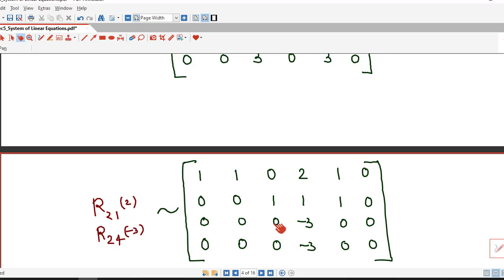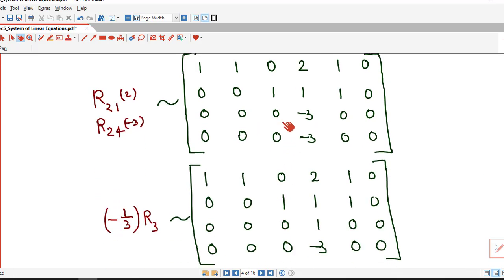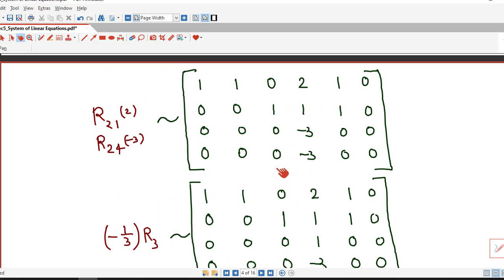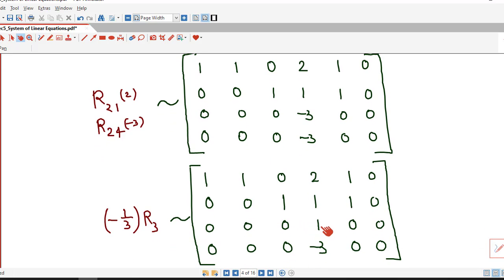So we multiply the third row by minus 1 by 3 to make this entry 1. We have written the first, second and fourth rows as they are, and here we multiply with minus 1 by 3 and we obtain 1 here. Now using this 1 we make these two 0.